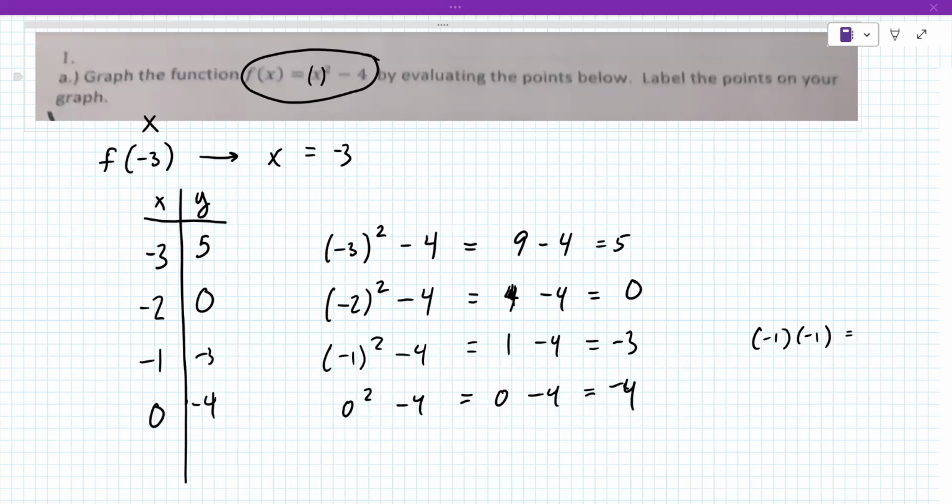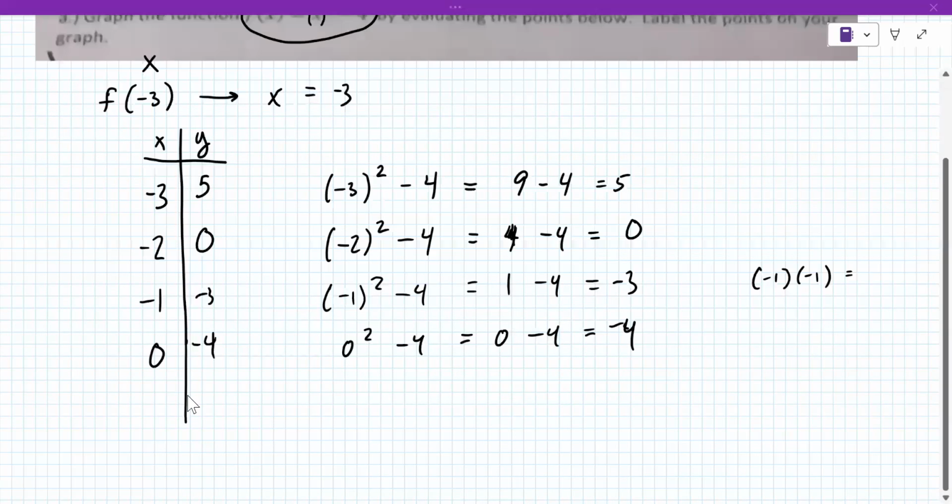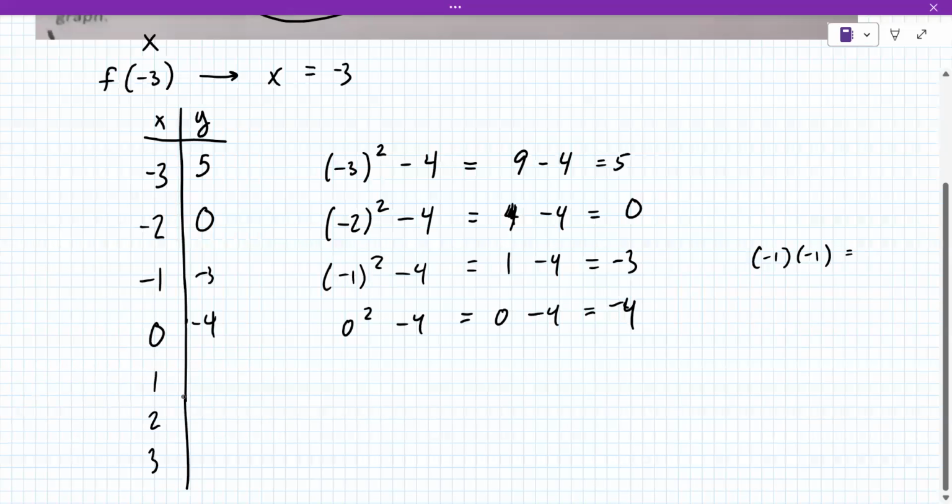All right. So now I want you to try the others here. I want you to try 1, 2, and 3. It should be much easier for you, and you should see a pattern in the answers. You should not see anything new when you're calculating those.